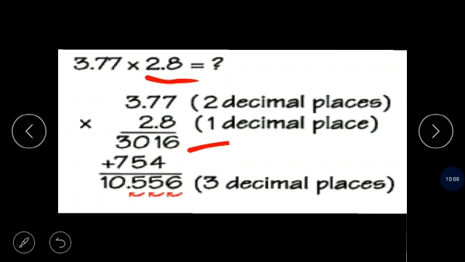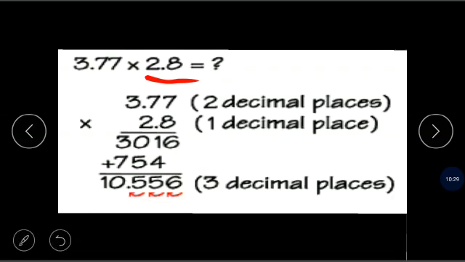That means the total number of decimal places is 2 plus 1, 3. As I told you already, to put the decimal you always count from the back side. So 3 decimal places in your answer. Just count it.